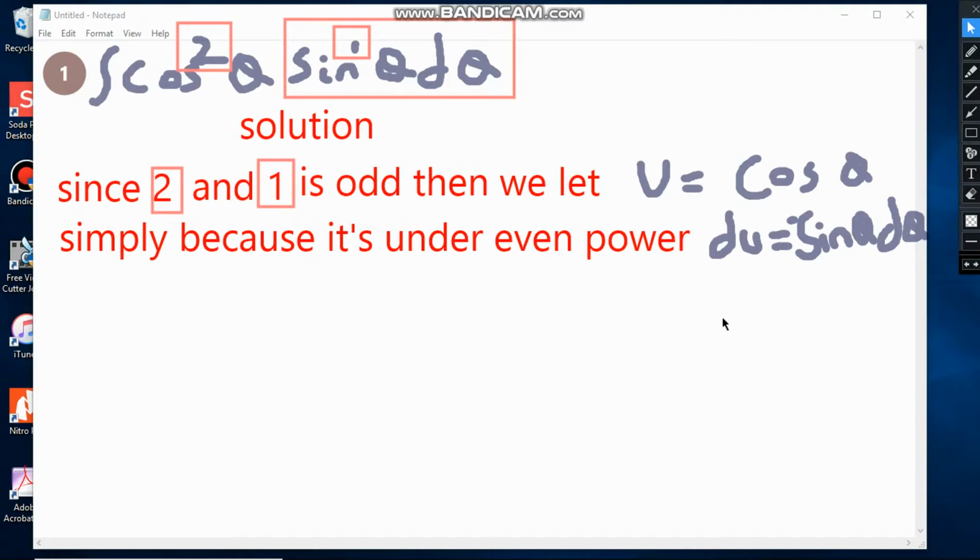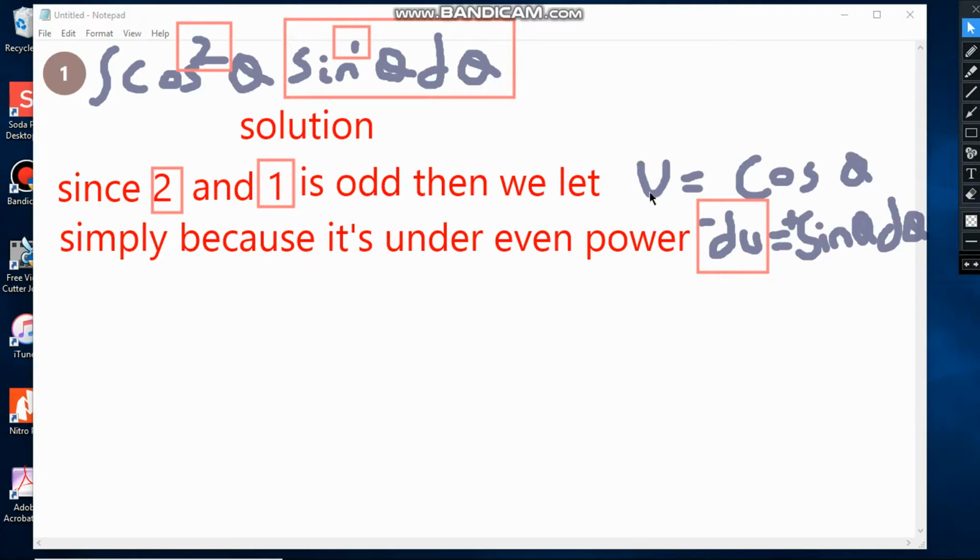If we divide by negative, here we'll get negative du, and here we'll get positive sine theta d theta. So sine theta d theta is equal to negative du. Where there is sine theta d theta, we put negative du, and wherever there is cos of theta, we put u.